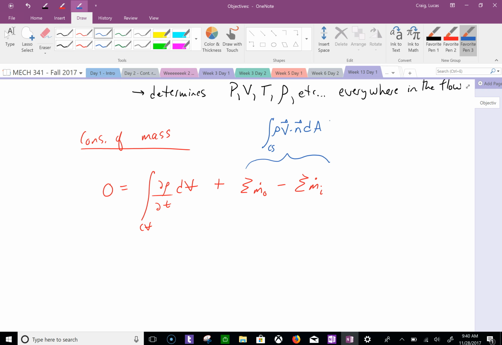Instead of water, we know water is incompressible, so you could change that to m dot, right? But if you had air in there, and say you had this container and then you started filling it, the density of the air inside could change over time. A good example would be an air compressor.